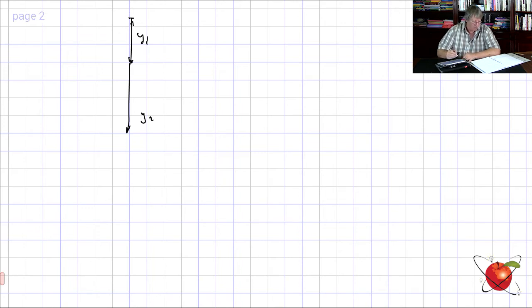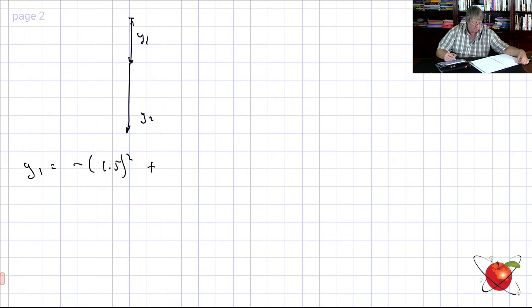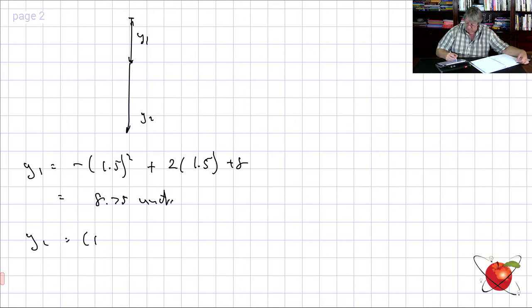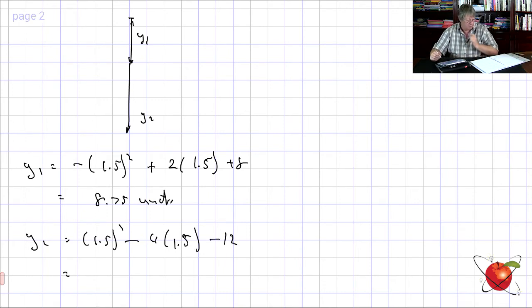And therefore, y1 is going to be equal to minus, I'm putting in the 1.5 squared plus 2 times 1.5 plus 8, and that comes out to be 8.75 units. y2, I'm putting in 1.5 squared, minus 4 times 1.5 minus 12. Okay, you can see which one I'm putting this into. Let me just write them next to them, just for completeness' sake.